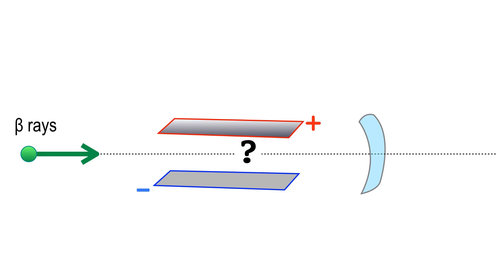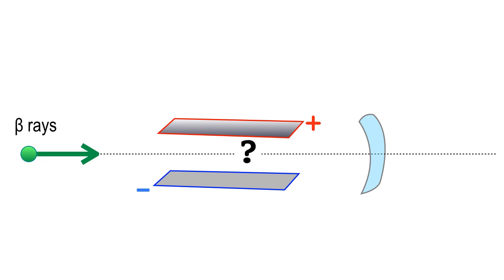He designed a machine that generated beta rays, and then he accelerated them through the beginning of his device and sent them between a positive and a negative plate. So he had two metal plates, and he hooked up one to the positive end of a battery and the other plate to the negative end. He said, all right, let's see what happens when I beam this mysterious beta ray in between the two plates.